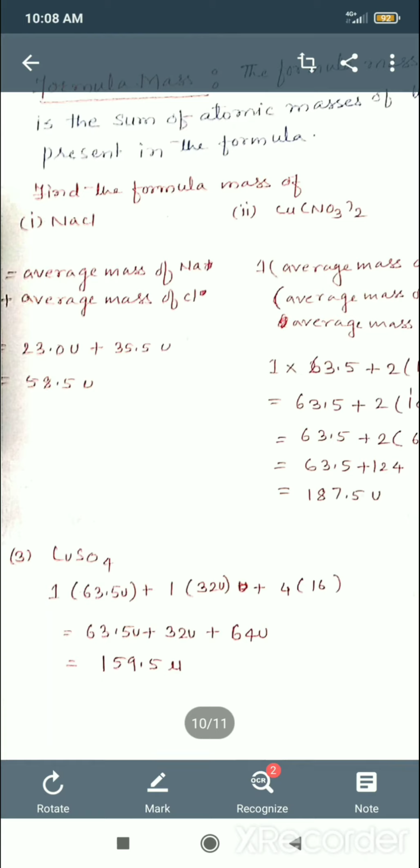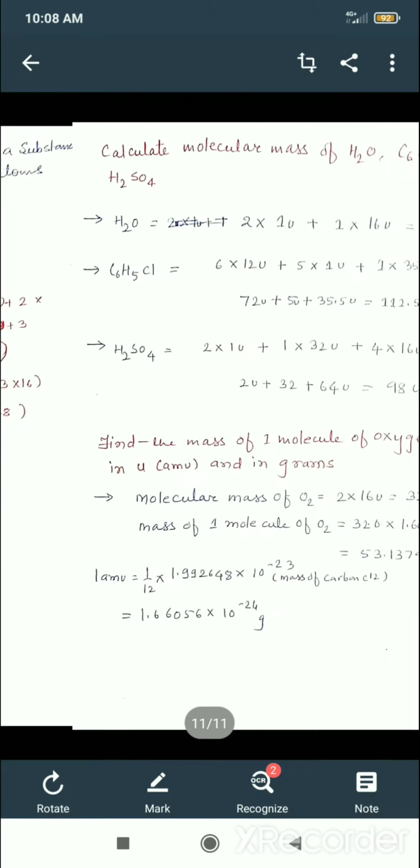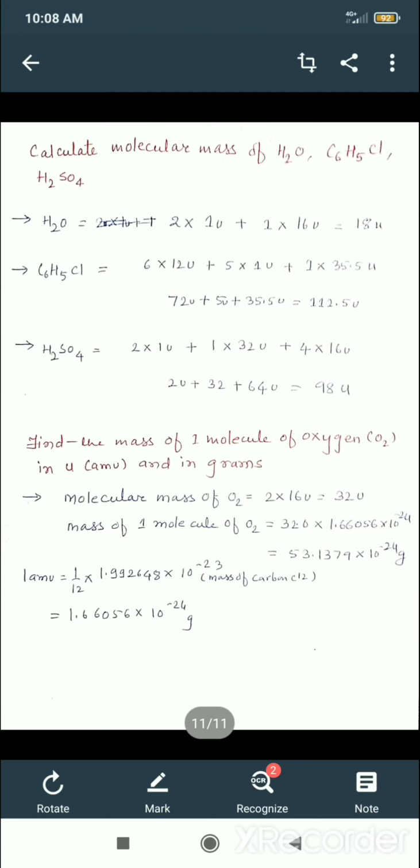So 63.5 plus 32, as it is for sulfur because there is only one sulfur, but oxygens are 4, 16 times 4 is 64, so the answer is 159.5 formula mass.